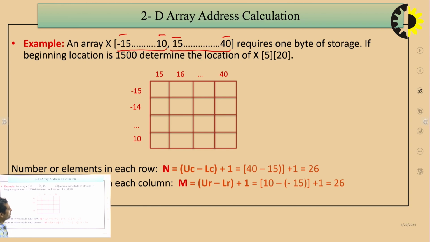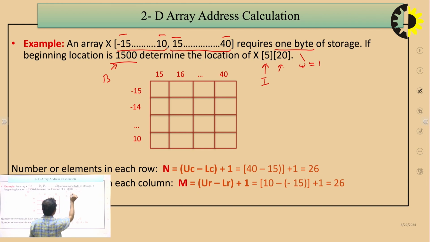Each element requires 1 byte of storage, which means word size W equals 1. If the beginning location is 1500, this is the base address. Determine the location of X[5][20]; this 5 is I and this 20 is J.